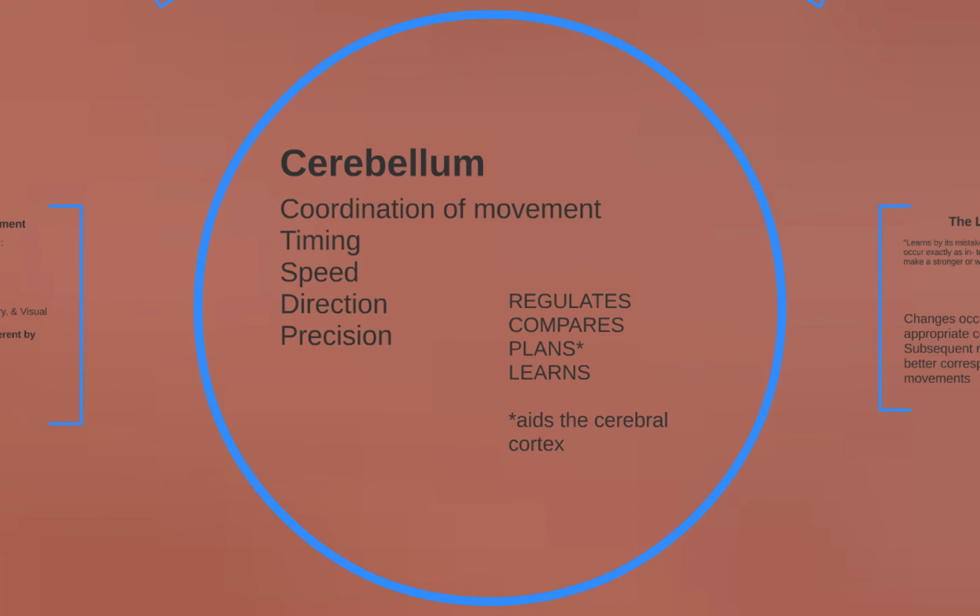So, to take a more broad look at the cerebellum, it's essentially the coordinator of movement. It does this through time, speed, direction, and precision. A common way of looking at the cerebellum is to look at it as a regulator, a comparator, a planner, and a learner.